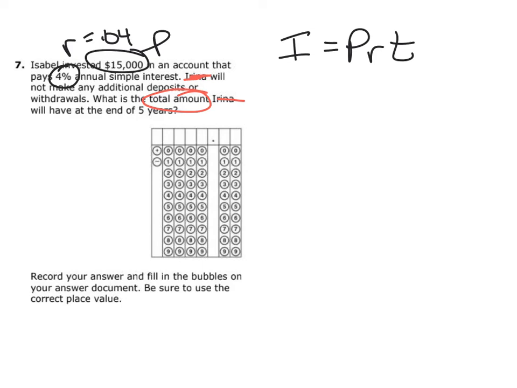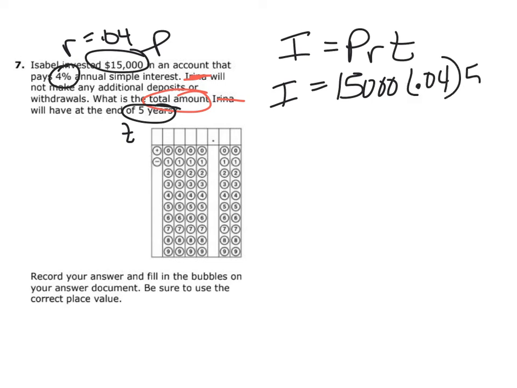We have the time, which is 5 years. So interest is equal to 15,000 times 0.04 times 5. So I know 0.04 times 5, or I could do 15,000 times 5. So it doesn't matter which order you multiply, you still should end up with the same answer.